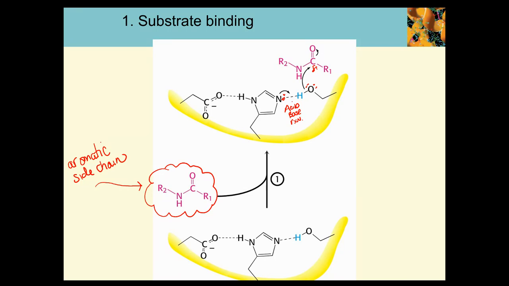Now that carbon, from organic chem, if you recall, has a partially positive charge. And then if you think about it, those lone pairs can get kicked up there. So what we're seeing here is a concerted reaction where you have acid-base, the nitrogen pulls the H off, and the oxygen attacks the carbonyl group. So that is going to do what's called a nucleophilic attack.